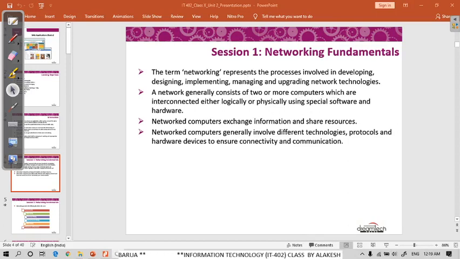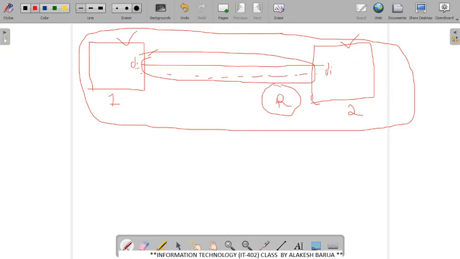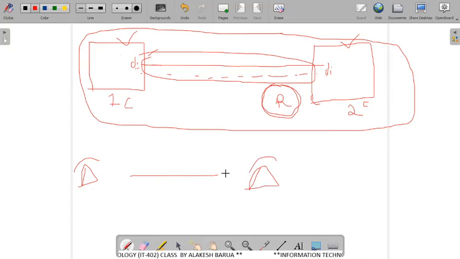The rules and regulations that I mentioned are implemented using software, and the wire and the devices are hardware. So if this device is a computer and this other device is a computer, then these are said to be in a computer network. If a device is a telephone and the other device is also a telephone, then these are said to be in a telephone network.